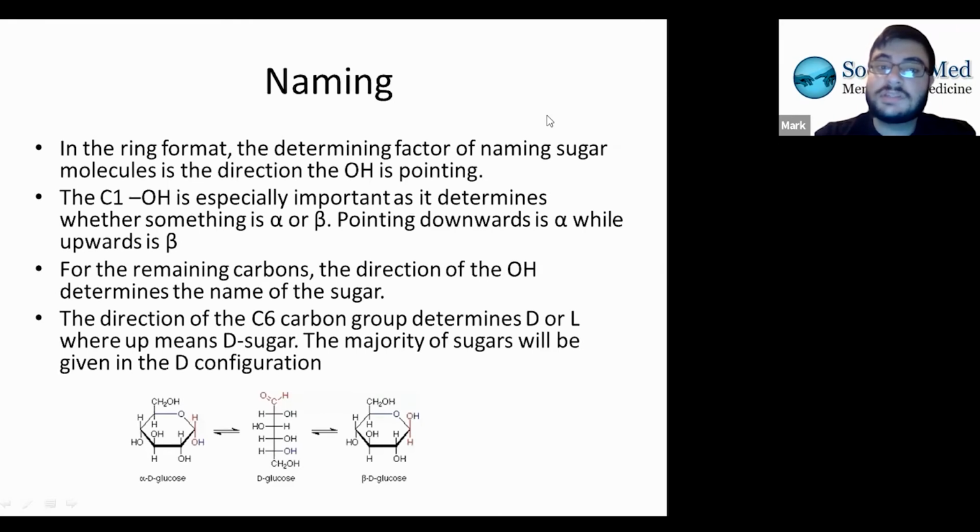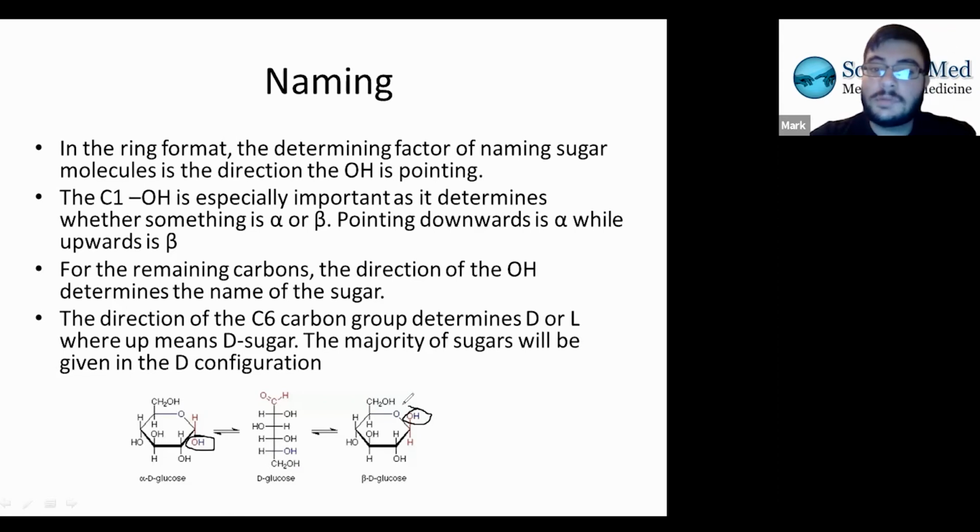So the C1OH is especially important as it determines whether something is alpha or beta. Pointing downwards is alpha while pointing upwards is beta, as you can see here. And you can interconvert these. There are reactions that interconvert these, but this is alpha glucose, alpha D glucose, which I'll cover the D as well in a second, and beta D glucose.